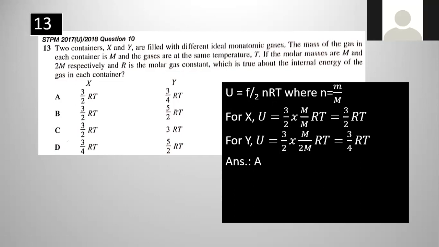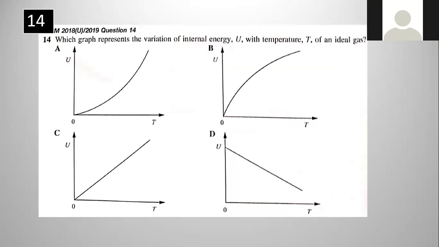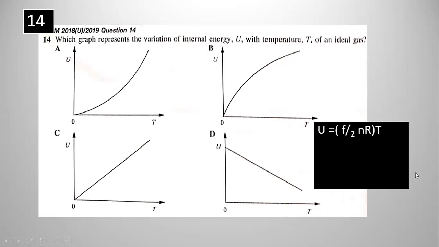Okay, 14. Which graph represents the variation of internal energy with temperature of the ideal gas? So get the correct formula. That's the formula.